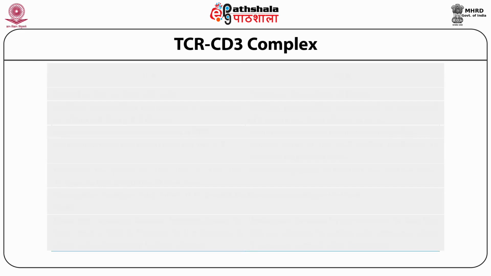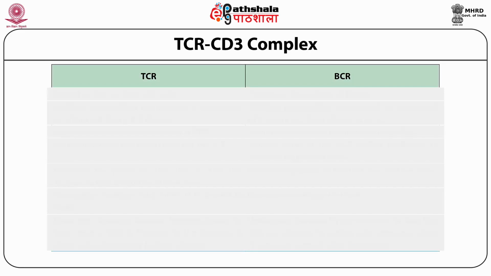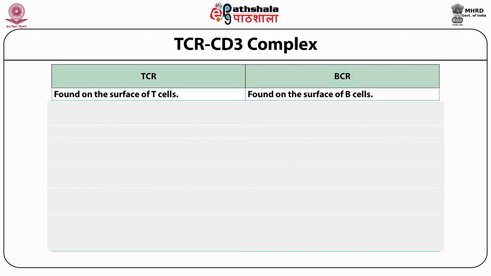So now let's ask ourselves, what is the difference between the T cell receptor and the B cell receptor? Indeed, the BCR and TCR differ greatly from each other in a variety of ways. The first point of difference is obviously that the TCR is found on the surface of T cells, while the BCR is found on the surface of B cells.